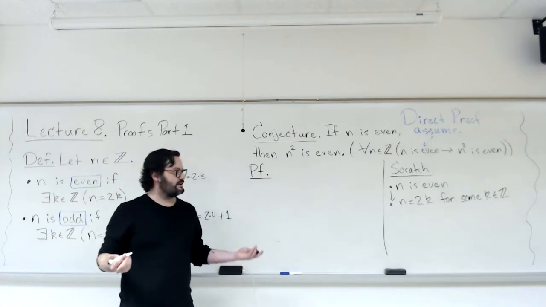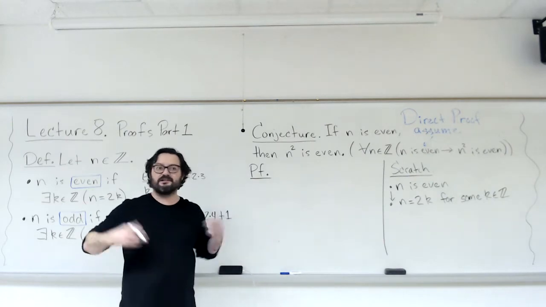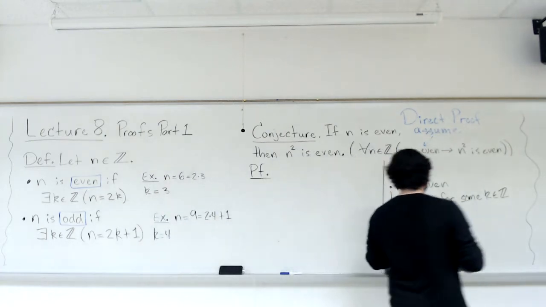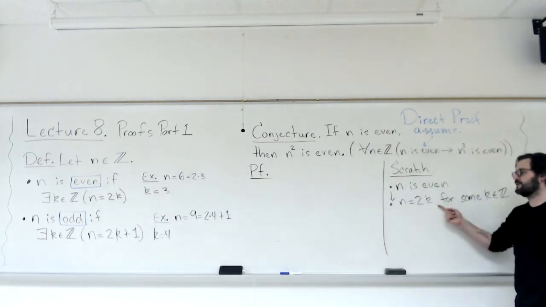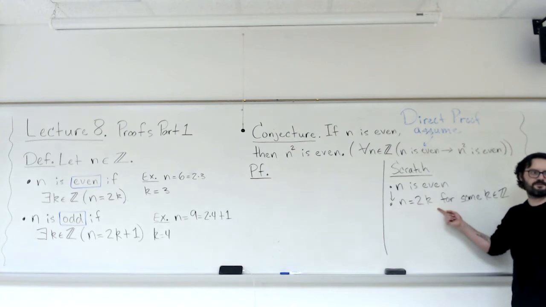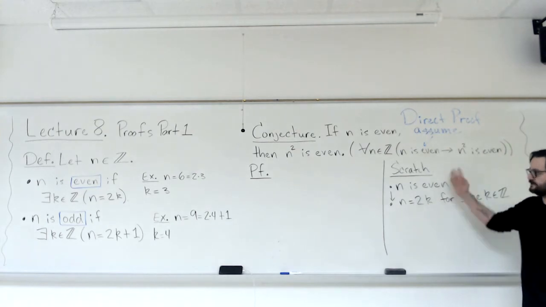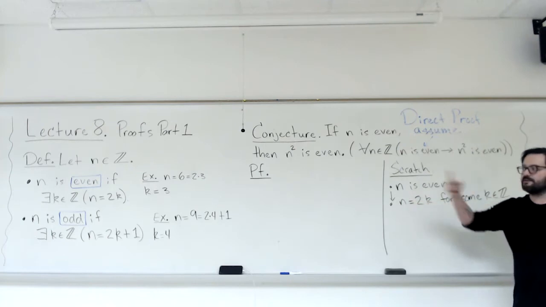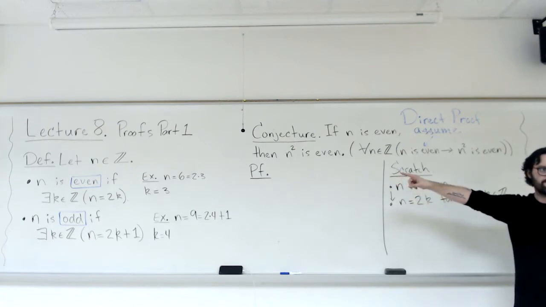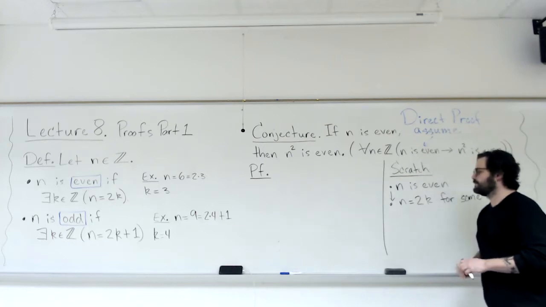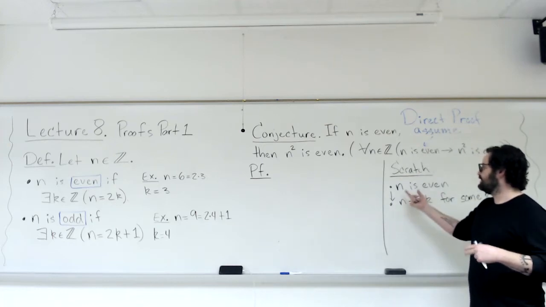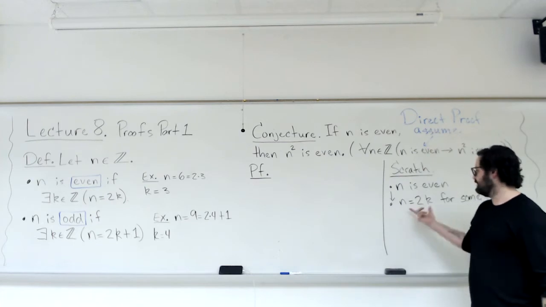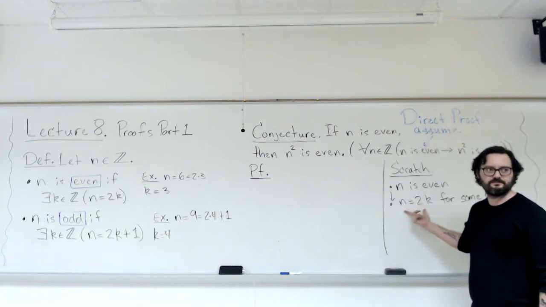We don't know what that k is because we don't know what n is. We just know that n is even, right? So this follows by definition, right? We didn't write it in our scratch work, but if we assume that, we get to this next line by that definition, okay? So now that we've made an assumption, we've applied a definition, we have something to work with.